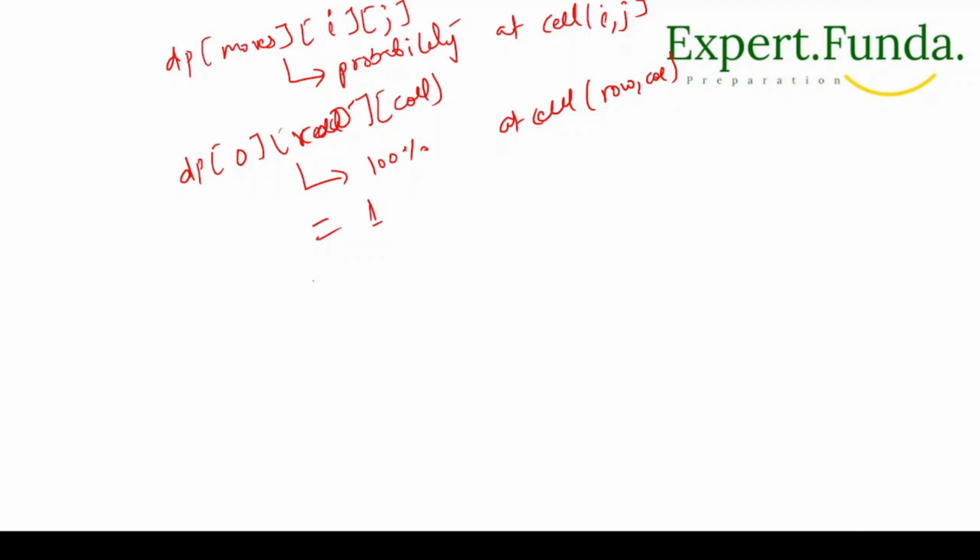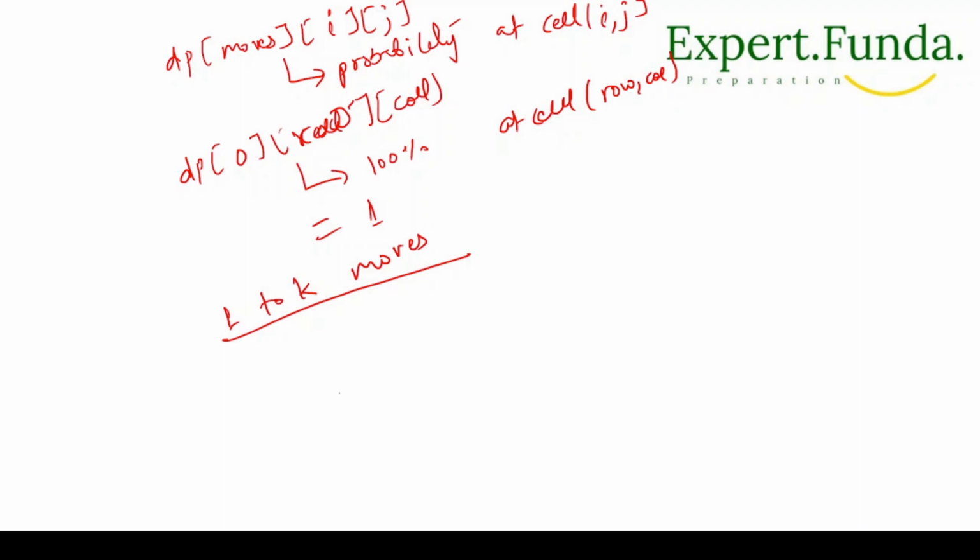Now let's consider the transition for the dynamic programming solution. For each move, if I take 1 to k moves, we want to calculate the probability for each cell, that is i and j, based on the previous moves.